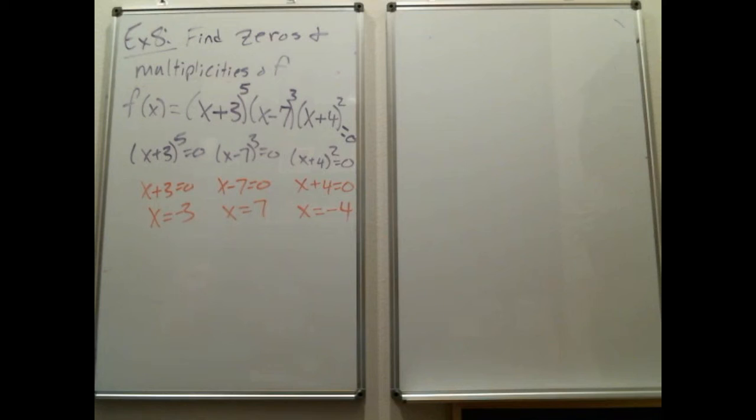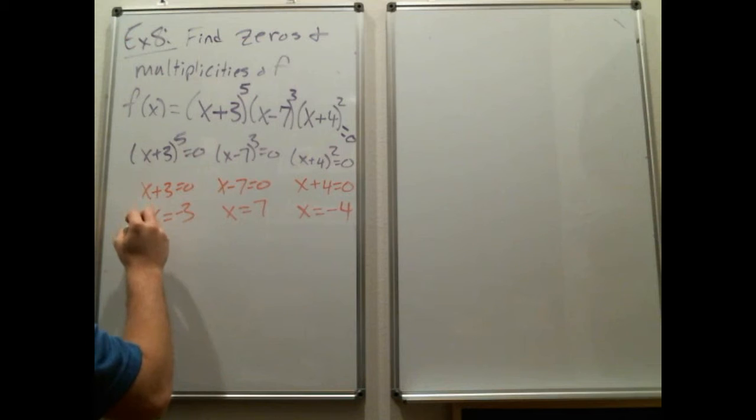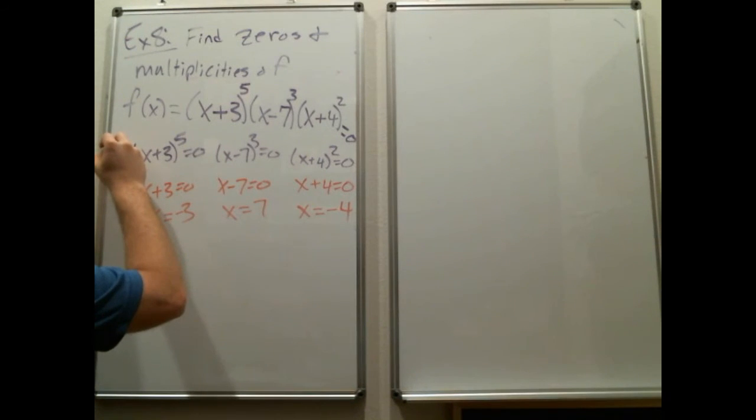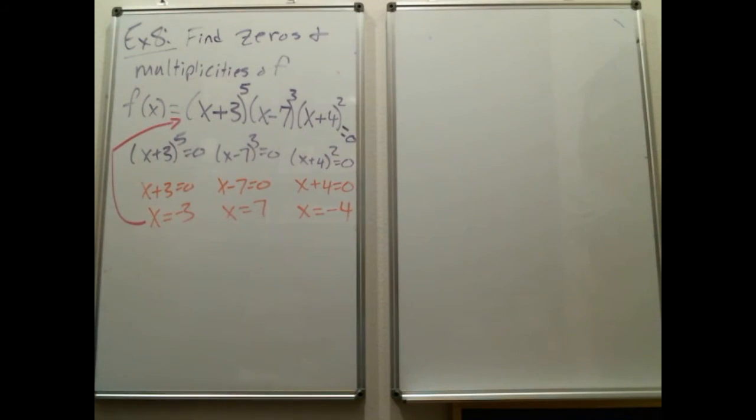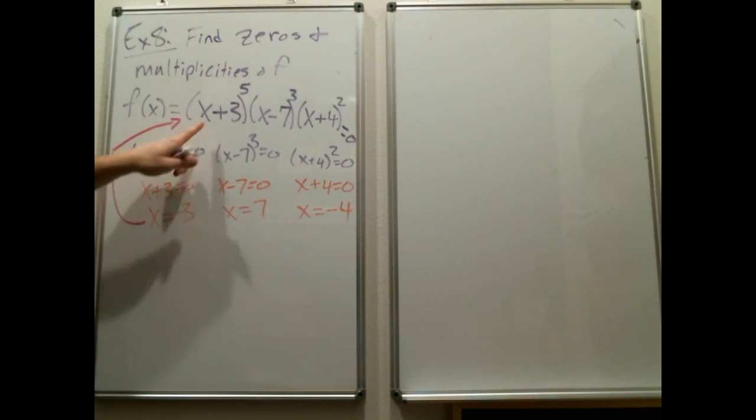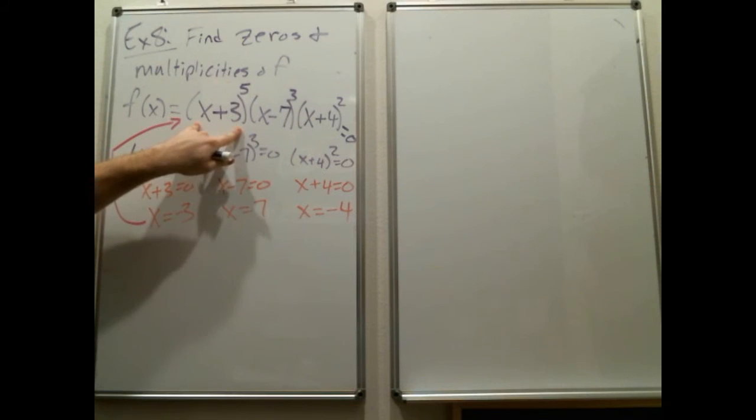Now we have to determine the multiplicity of these zeros. And you do that by coming back up to this step right here. And really you can go to this step too. But as long as those exponents are still in there, that's all that really matters at this point. So where did this x equals negative 3 originate from? It originated from here. And what is the exponent of that x plus 3?